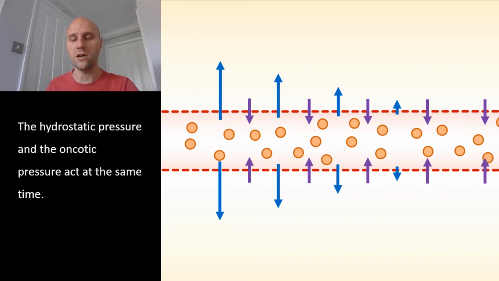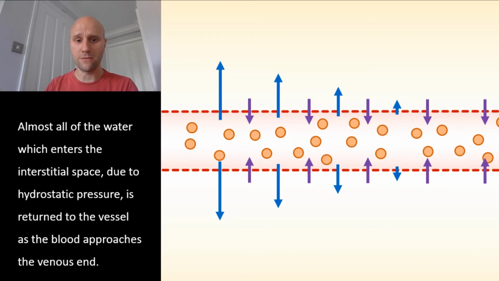There's the hydrostatic pressure forcing the fluid out of the capillary into the interstitial space, and the oncotic pressure drawing the fluid back in, and almost all of the water that is pushed out by the hydrostatic pressure is drawn back into the capillary by the time it gets to the venous end.